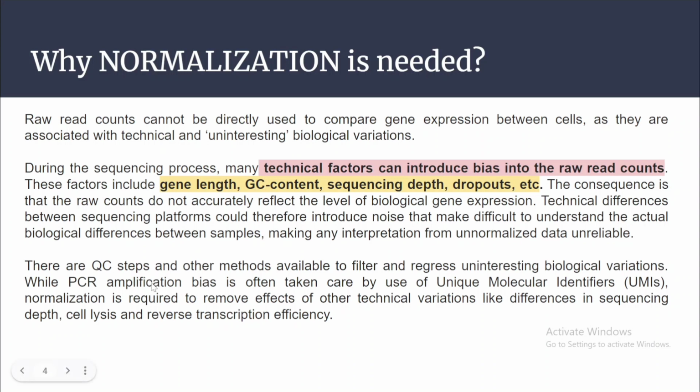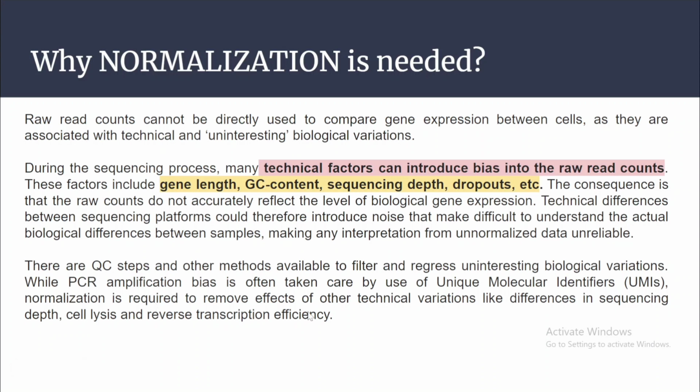There are many QC steps and other methods available to filter and reduce the variation, such as uninteresting biological variations. For example, PCR amplification bias is taken care of by the use of UMIs, unique molecular identifiers. But why do we use normalization?